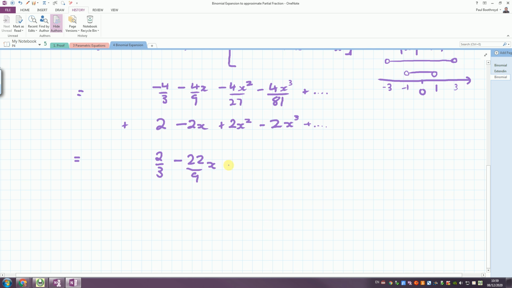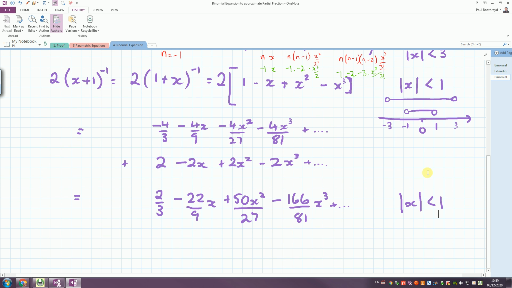We've got 54 minus 4, so it's going to be plus 50 x squared over 27 and minus 162, 166 over 81 x cubed. So we've done the expansion, and this is valid only if modulus x is less than 1, the smaller of my two domains.